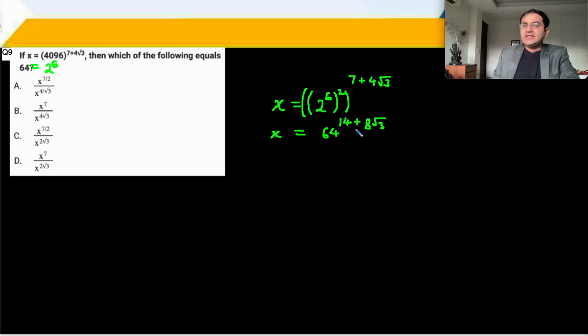So if I need the value of 64, I now need to raise both sides to the power 1 upon 14 plus 8 root 3.